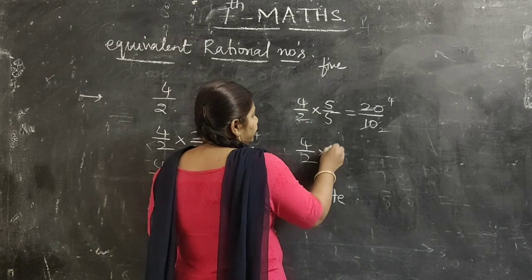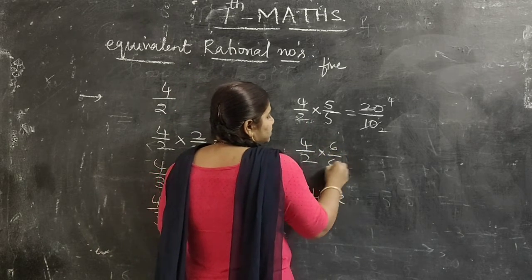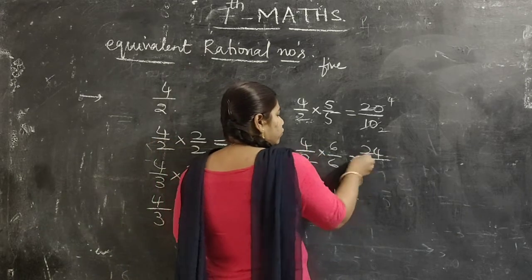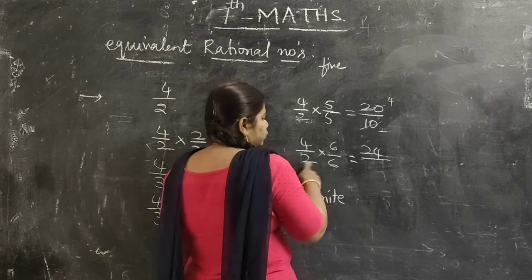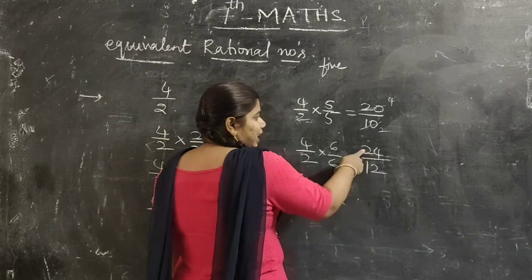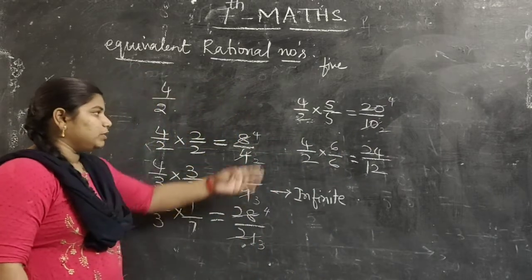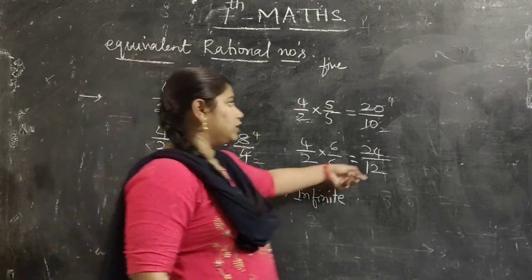So 4 by 2 into 6 by 6 I am taking. 24 by 2 6s are 12. So if you cancel this again, you will get 4 by 2 only. So how many equivalent rational numbers we got? Total 5 equivalent rational numbers we got.